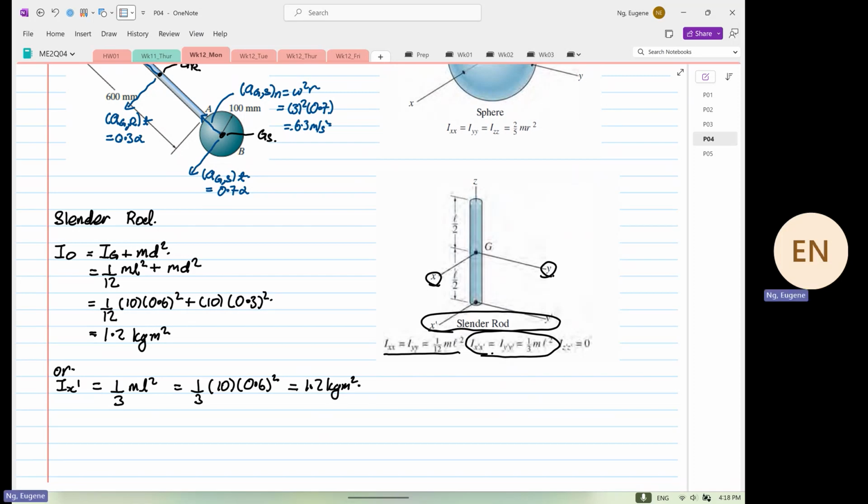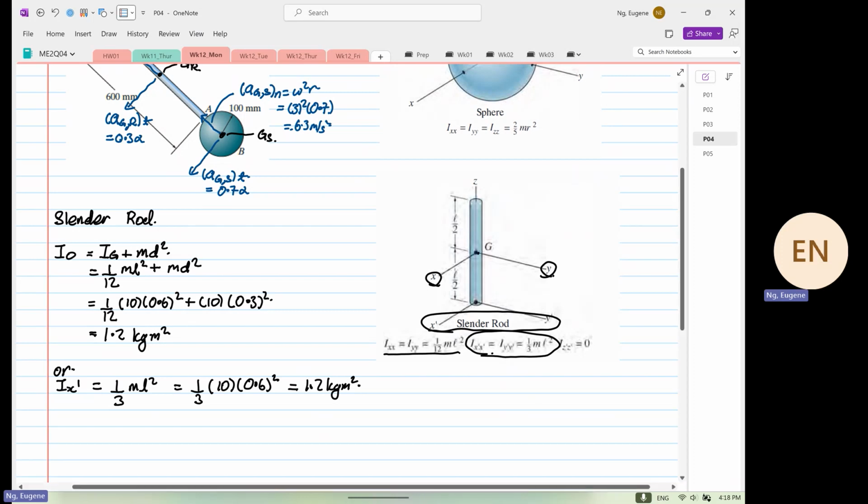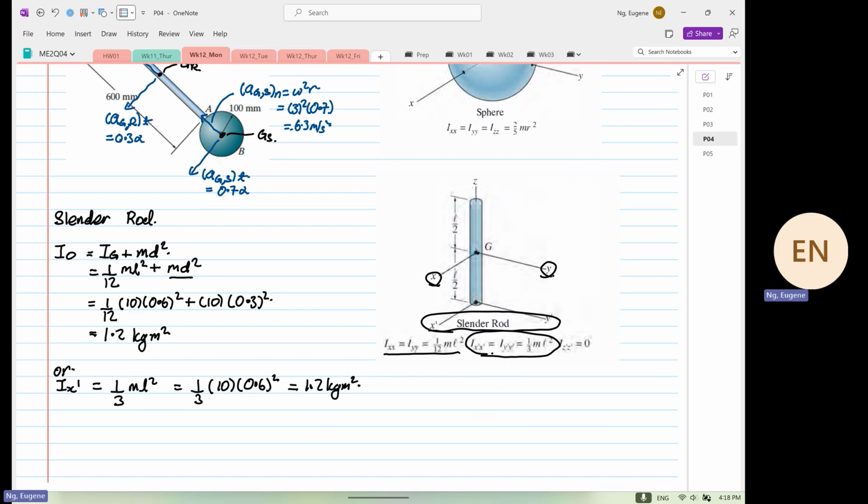Either one you use, I'm fine with it. If you use the center, you need to do the shift, the parallel axis theorem. If you use this point, you don't need to shift. Are we clear? I'll stop here.